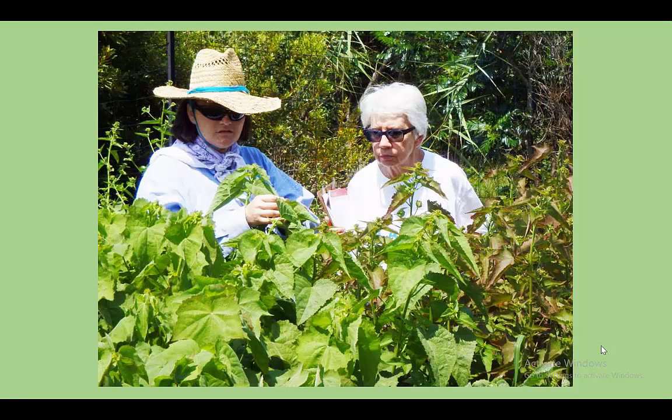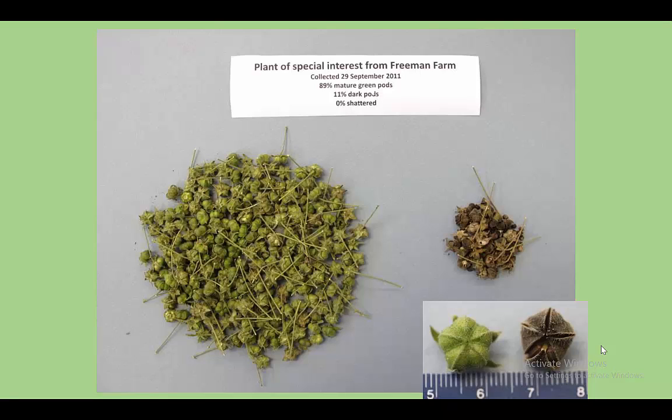We had very observant people out there looking and collecting data on the plants as they grew, what the characteristics were and the rate they grew and all that sort of thing. We find things like in one case, this is actually just one plant that was particularly synchronous in its flowering, so almost all of them were at the same stage of development.